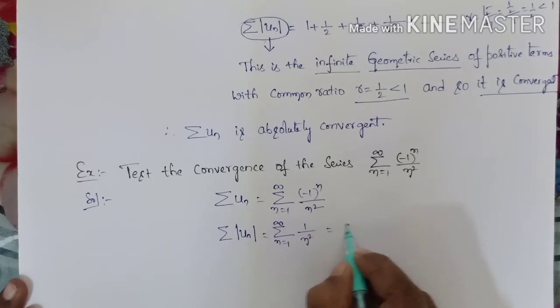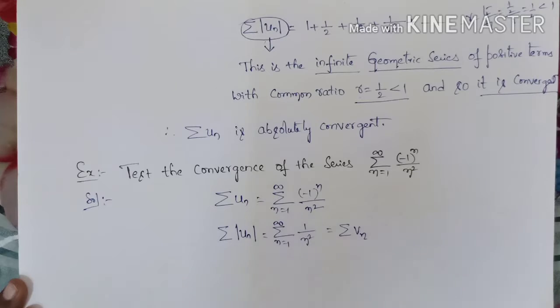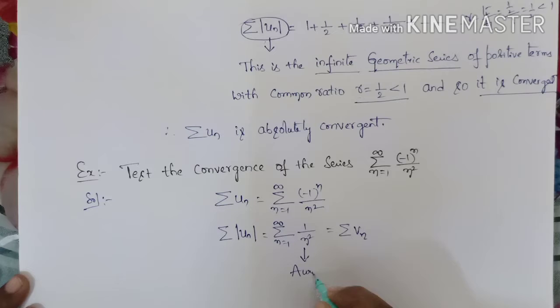We call it sigma vn. Already we have taken sigma un, we take this as sigma vn. Here we observe this is an auxiliary series.